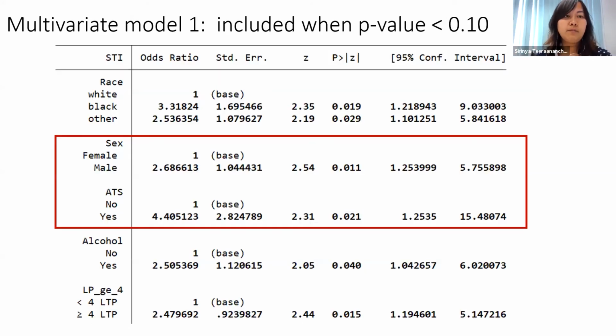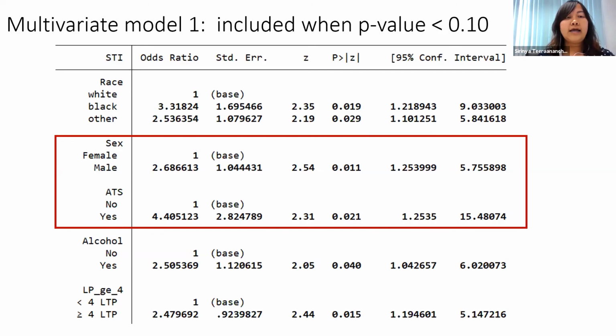In the first multivariate model, we include only variables with p-value less than 0.1. We will see that one variable is now significant with STI, though previously it was not significant in the univariate model.